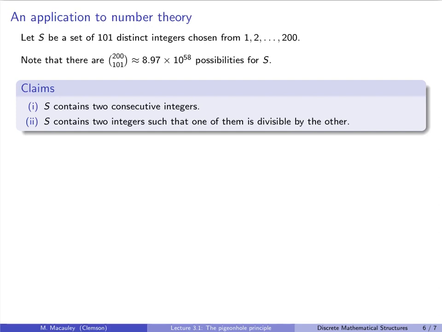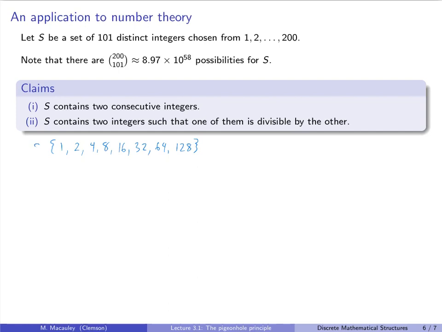Okay, so here's what I'm going to do. I'm going to write down a whole bunch of sets. So as before, I'm going to partition these numbers 1 up to 200 into a bunch of sets. I'm going to start out with 1, and then I'm going to keep doubling that. 2, 4, 8, 16, 32, 64, 128, and then I'm going to stop because if I double it again, I get beyond 200.